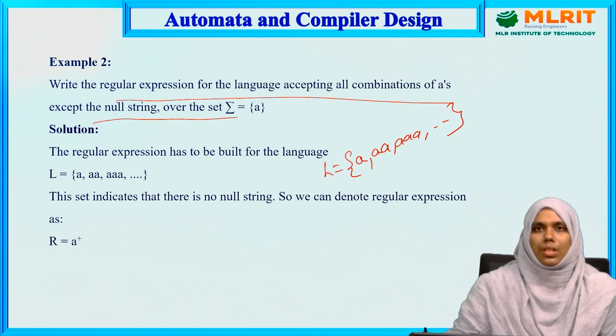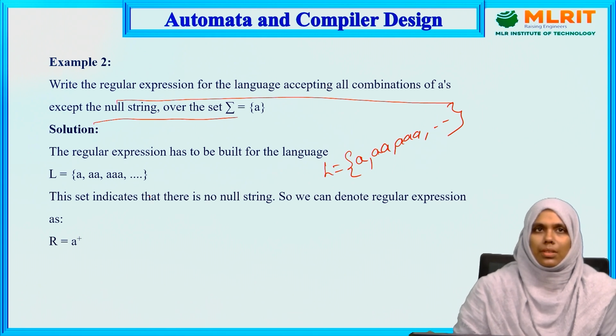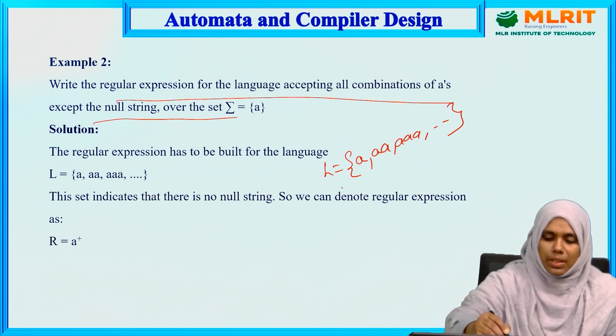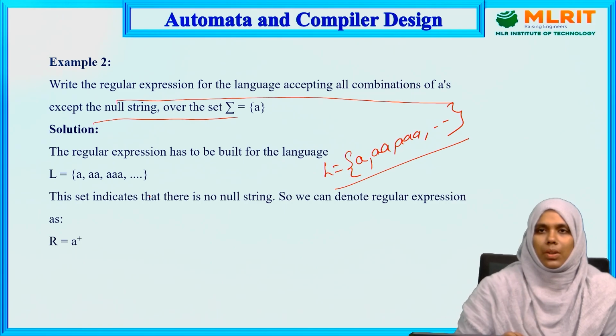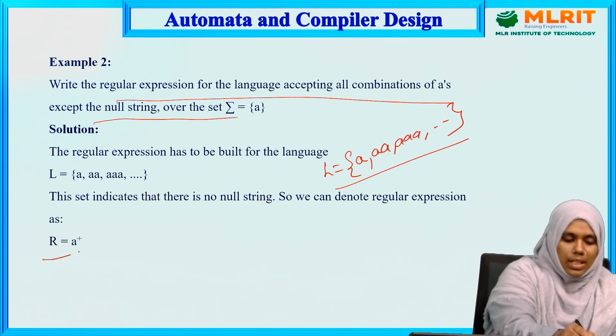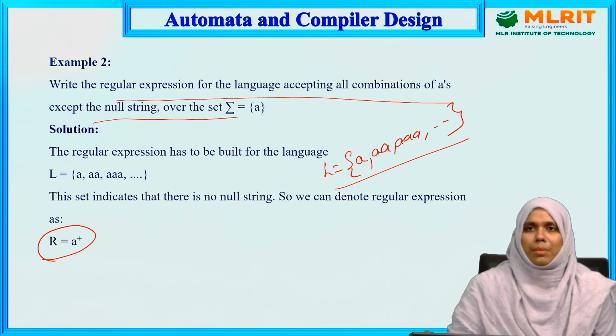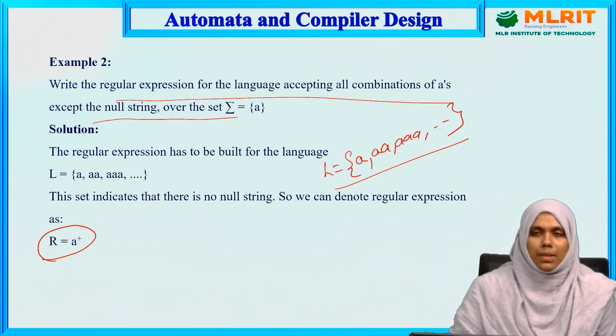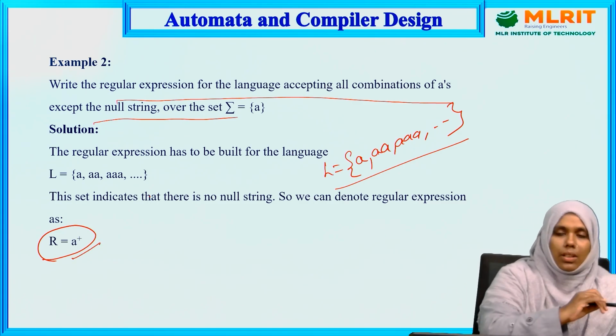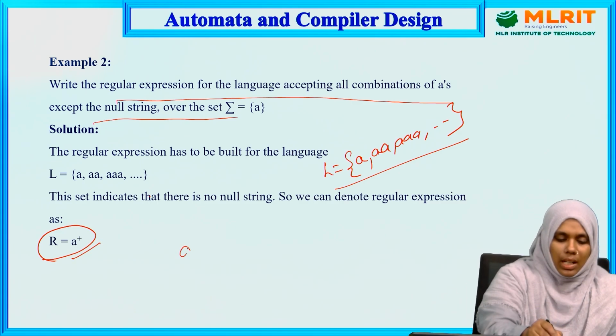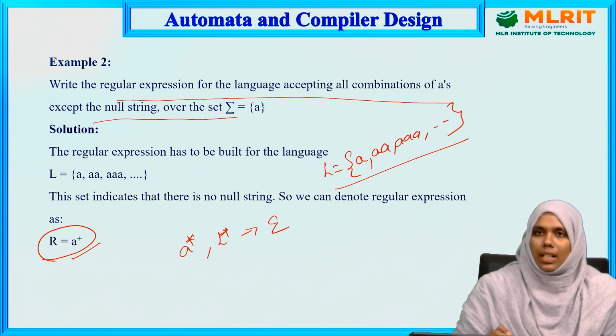Because in the question it is clearly mentioned that we should not use the null string. Now for this language, what should be the regular expression? The regular expression will be R = a power plus. Whenever we discuss operations in regular expressions or finite automata, if we say a power star or L power star, it has the possibility to produce the null string also.